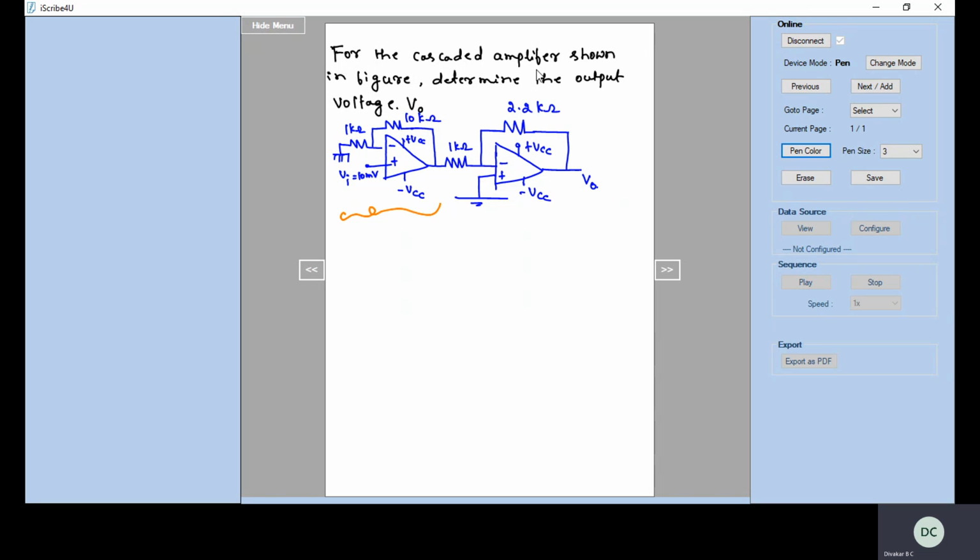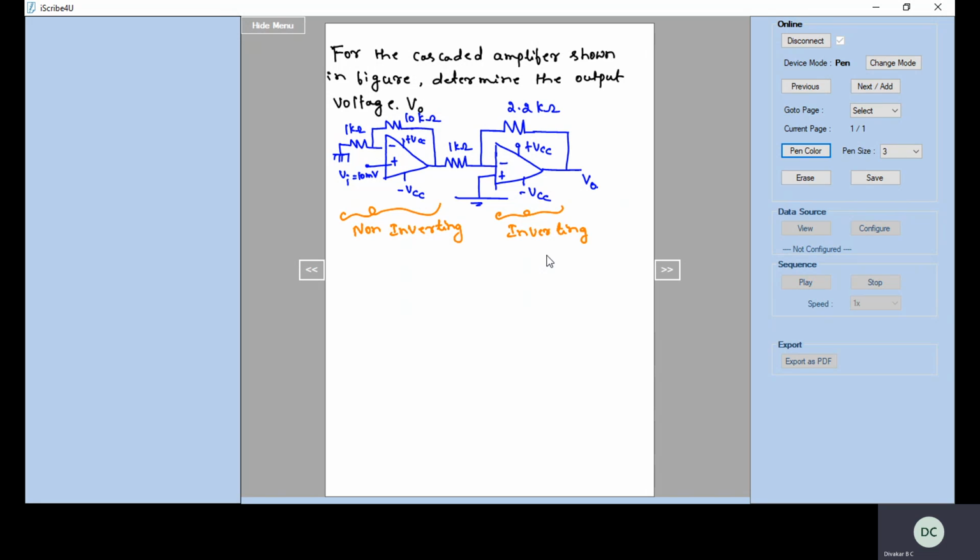A cascaded amplifier is one where the output of one stage acts as the input for the next stage. So these two are connected in series. The first circuit is the non-inverting operational amplifier, and the second circuit is the inverting operational amplifier.